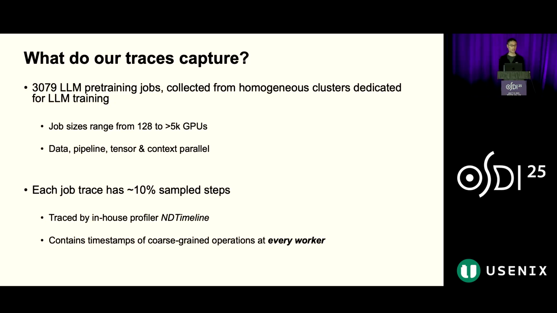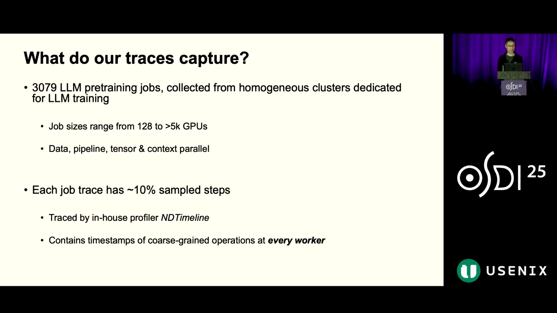For our traces to study this problem, we collect a set of traces that has 3,079 pre-training jobs collected from our homogeneous clusters dedicated for LLM training. And the job sizes range from 128 to more than 5,000 GPUs. And the parallelism strategies include data, pipeline, tensor, context parallelism, and their combination.